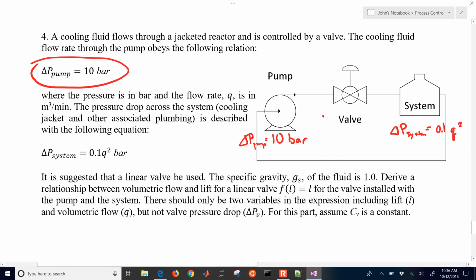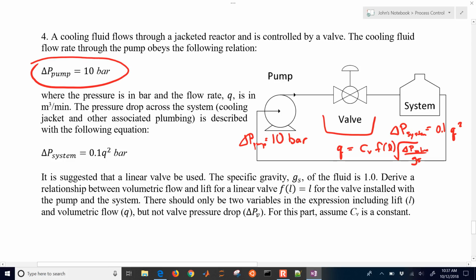And the relationship for the valve that you learned in this class was the volumetric flow rate equals CV times a lift coefficient times the square root of delta P across the valve divided by the specific gravity of the fluid.